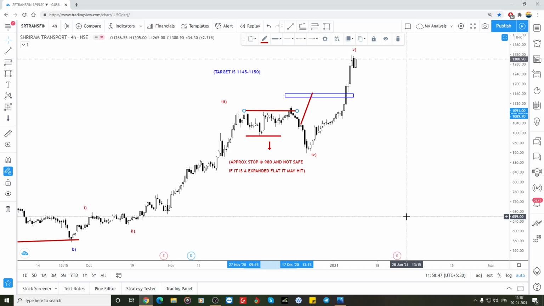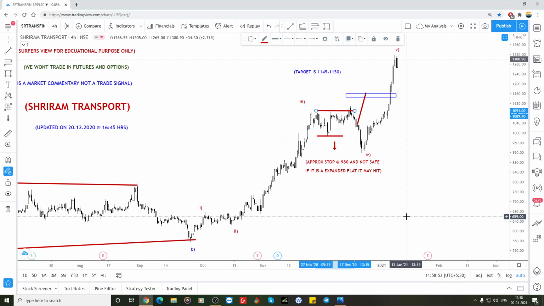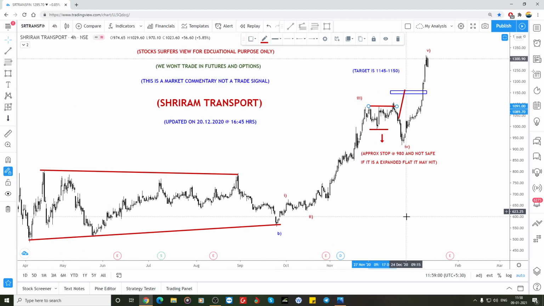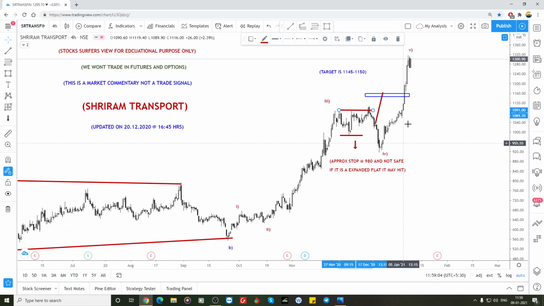So catching the fifth wave is very difficult for me. I am very happy to trade those irregular flat patterns. I'm very good in the correction part, but not in that fifth wave.